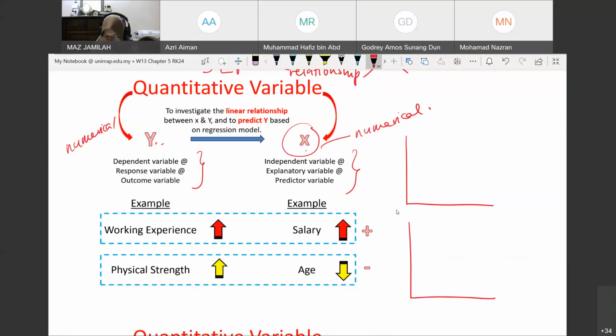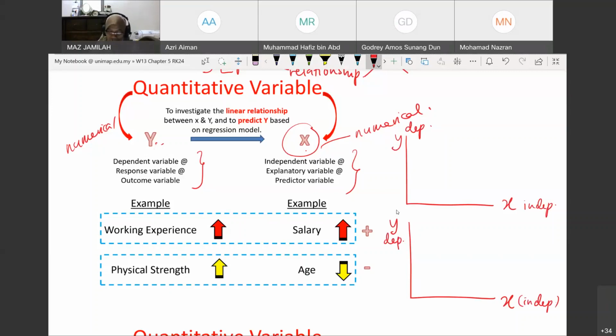Usually our x will be on the horizontal axis, and our y on the vertical. So this is the independent variable, and this is the dependent variable. Most of the time x is on the horizontal, so make sure you put it accordingly.